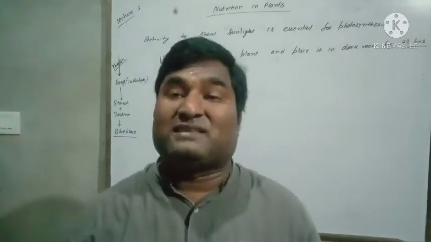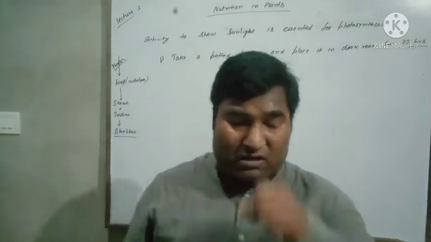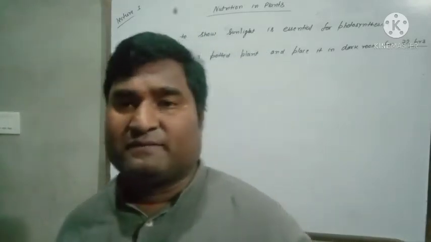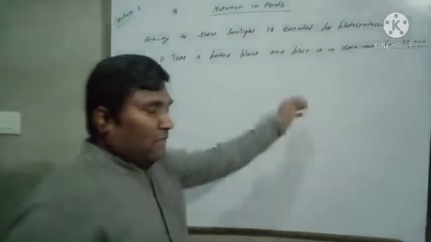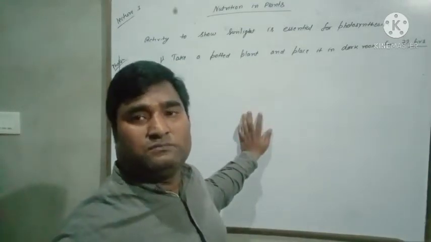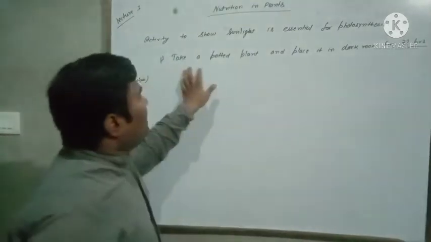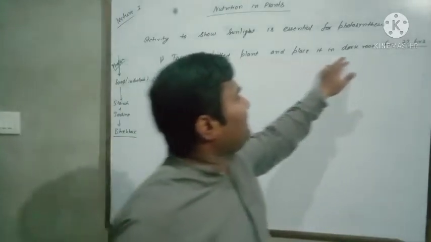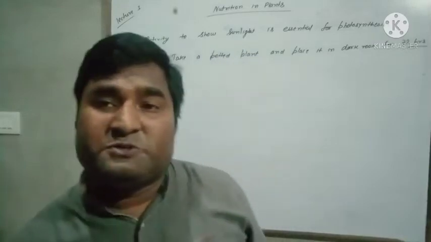You will eat the things stored in your house. It may be a biscuit, it may be a mixture, it may be a fruit, anything you will eat. You won't remain hungry. So what we have done, we have taken a potted plant and placed it in the dark room for 72 hours.